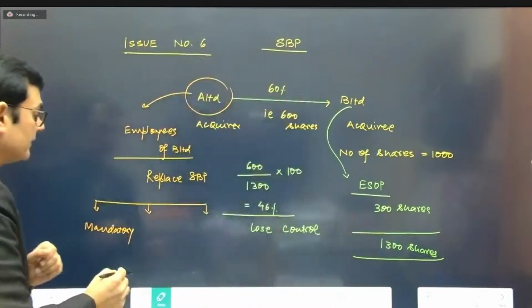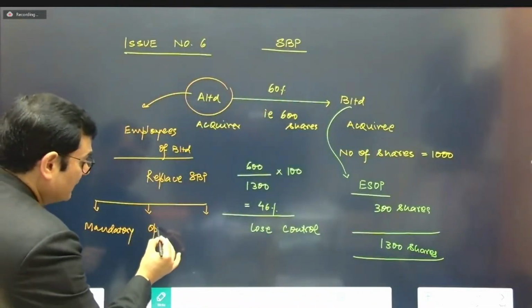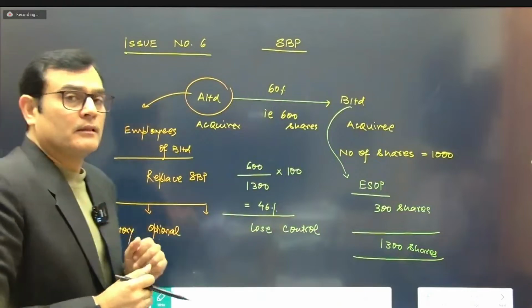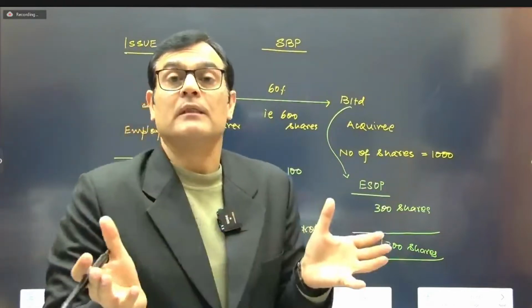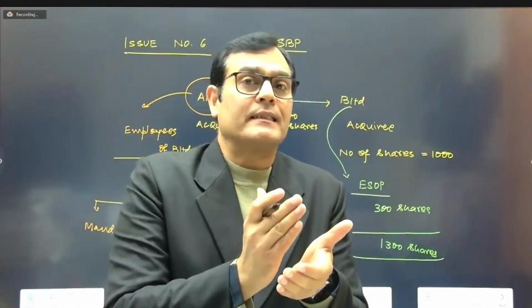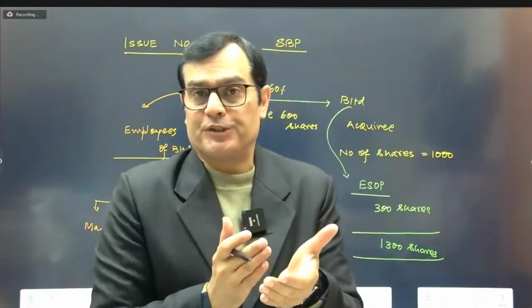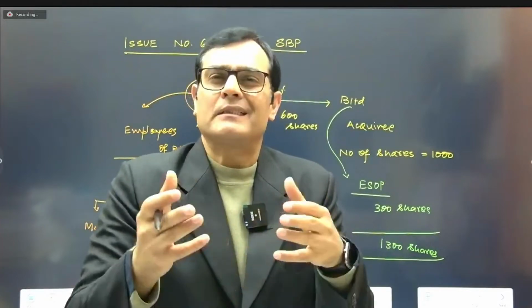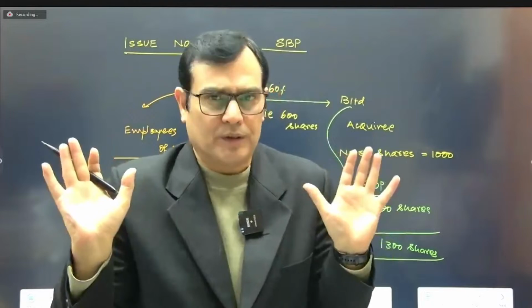Or it could be a case of optional replacement, where A decided to replace but it was completely optional on his part. So one case is that A is mandated to replace, and one case is that A is not mandated but still chooses to replace the awards.